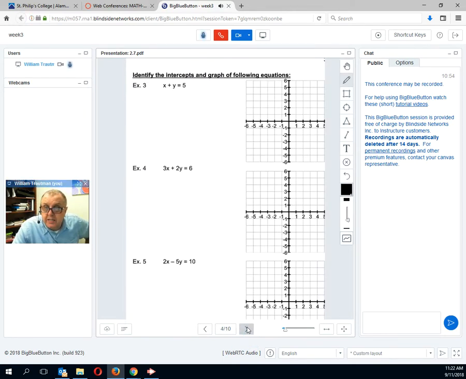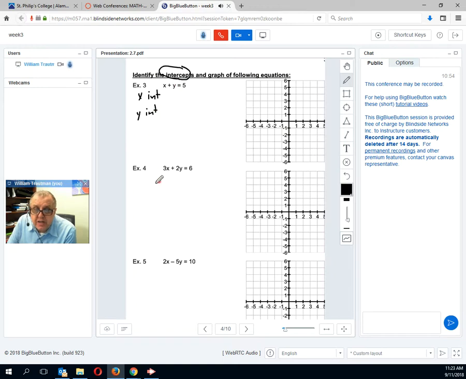Identify the intercepts and graph the equations. Okay, so we have a little information that we need here. We have two intercepts: the x-intercept and the y-intercept.